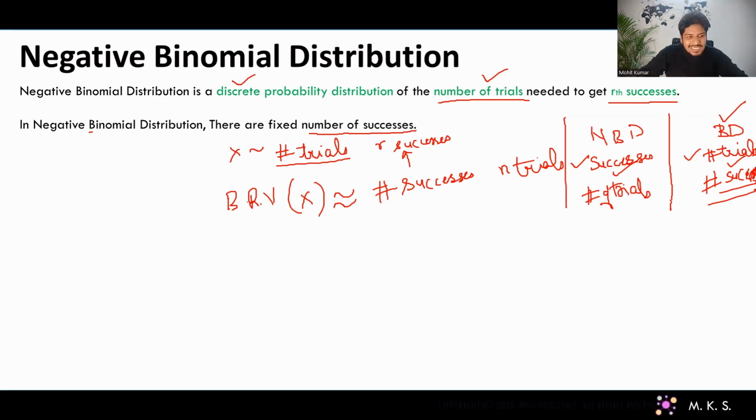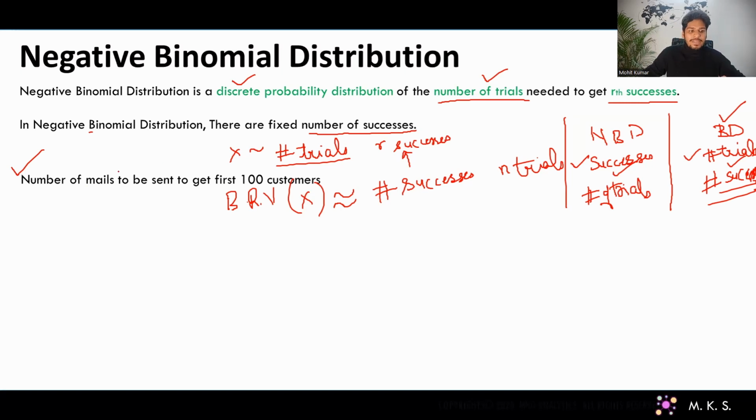Now let's try to understand this definition using different real world examples. Negative binomial distribution is very useful for people working in marketing or sales. How? Let's say you are working as a salesperson and you have monthly or weekly targets. Let's say you work for a company that creates and sells online courses, and you have a target of 100 customers in a month.